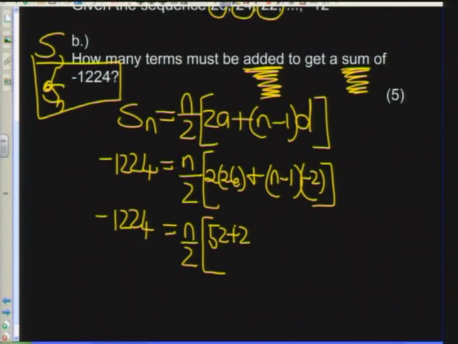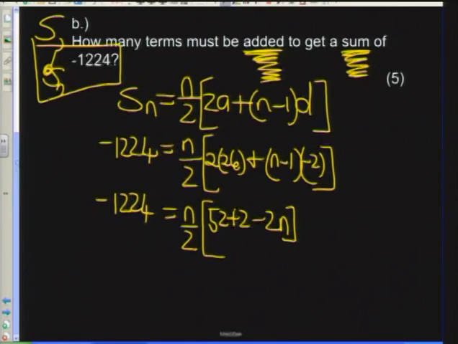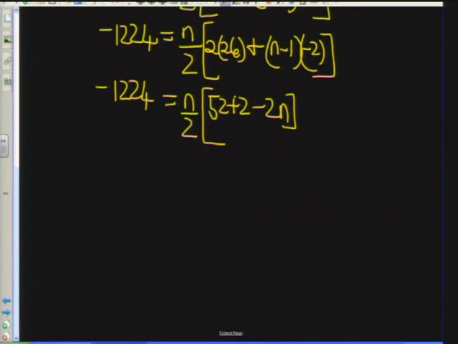And minus 2 times n is minus 2n. Okay. So some more housekeeping inside my bracket, guys. You really don't have to show this many steps. I'm just trying to make it as easy for everybody as possible to follow, but you don't need to stress out.